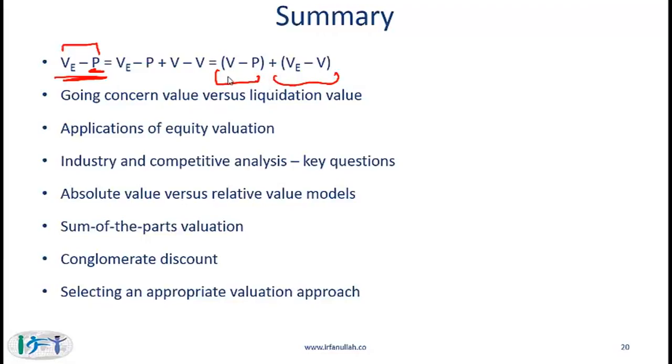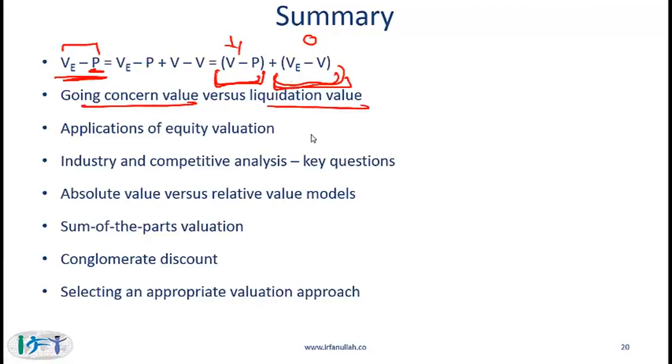V is the true intrinsic value. But the problem is this true value is not really known. The other component is the difference between the estimate that you come up with and the true value. And for you to be a successful active manager, this should be as close to zero as possible. And this should be positive on a consistent basis.